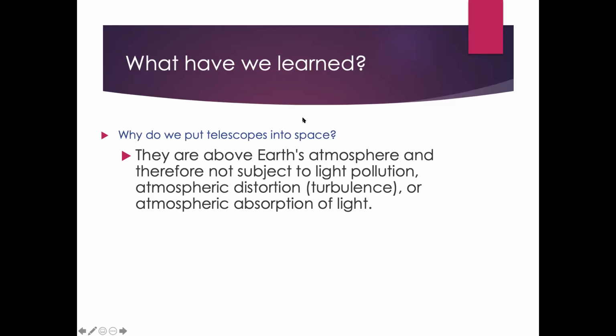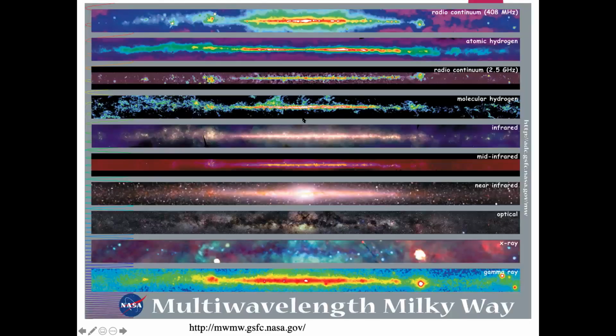So it's the ability to look at the universe in all of these different parts of the electromagnetic spectrum that allows us to get a full picture. All of these different rows, all of these different kinds of images are of the exact same object.